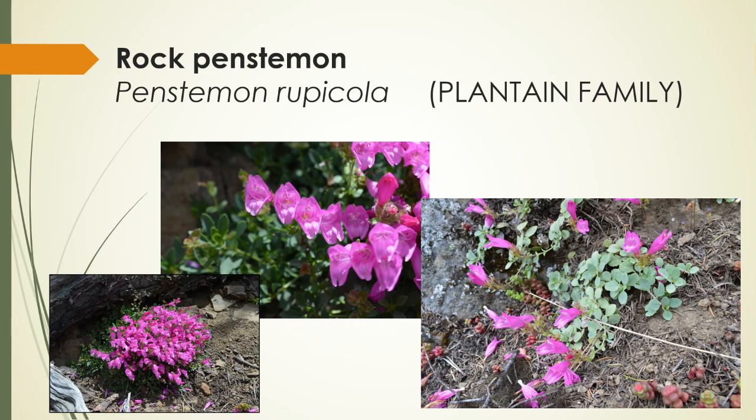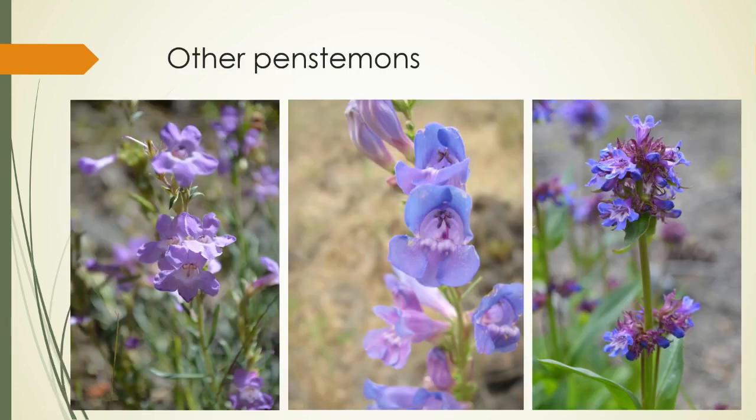Very often they're perennial herbs, very low to the ground, and lots of flowers with always a colorful display of some sort. So there's the rock penstemon, but there are others as well that I couldn't help showing. They're hard to resist taking pictures of, but a big variety from fuchsia to blue to violet of these penstemons. So a great one to enjoy when the wildflowers are out.